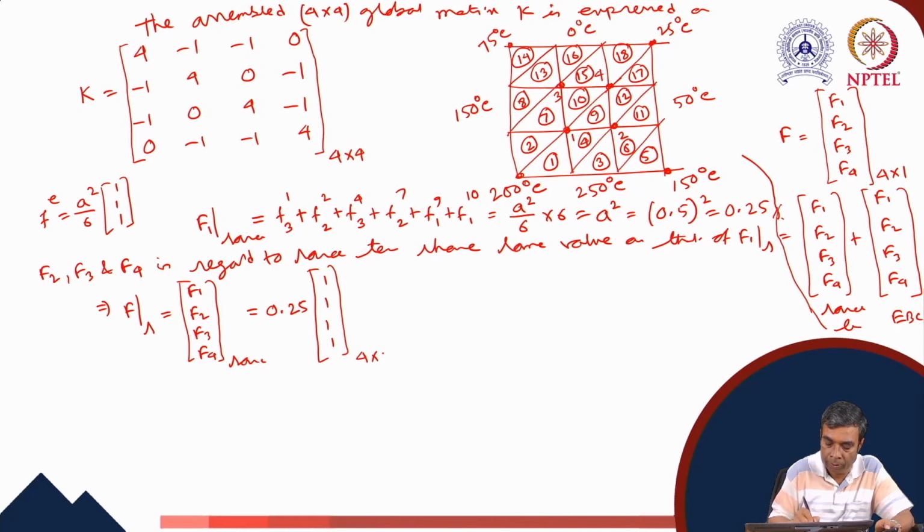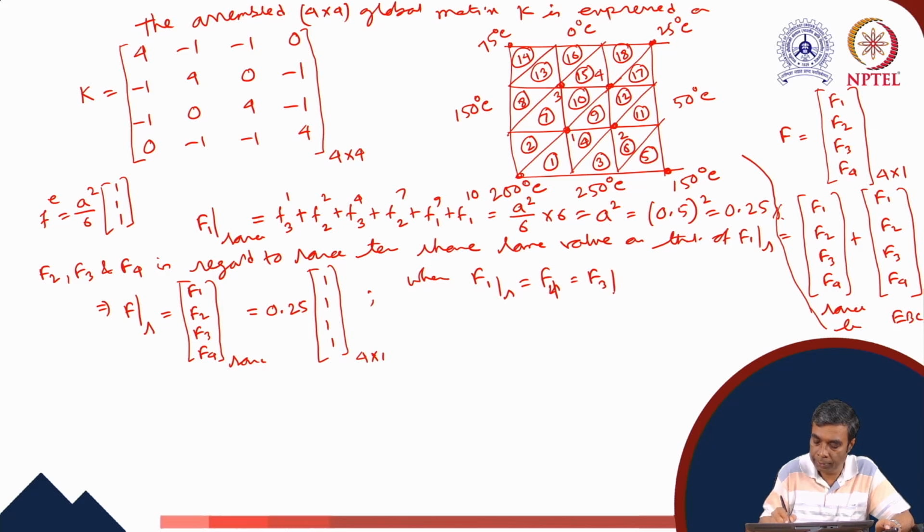This is 4 by 1, where F1 source equals F2 source equals F3 source equals F4 source equals a square equals 0.25. So this is the source contribution.